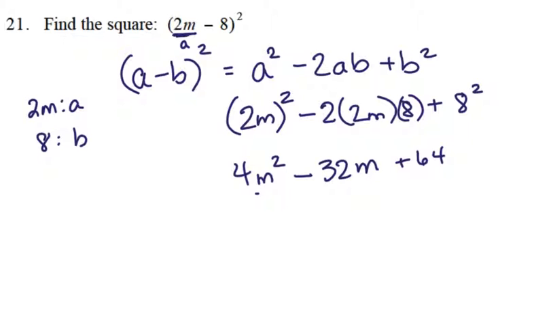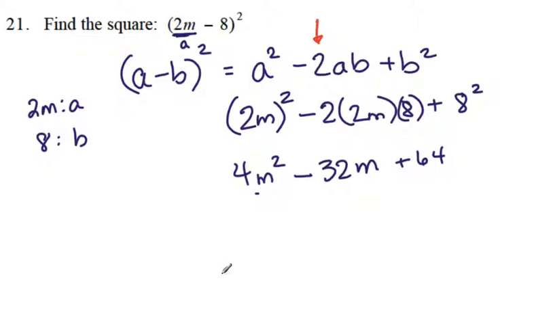Okay, another way to look at that, again, 2m squared, 2 times 2 is 4, m squared, 4m squared. Multiply these two together, 2m times negative 8 is negative 16m, and then you double it right here, and then 8 squared, 64. Super duper cool, isn't it?